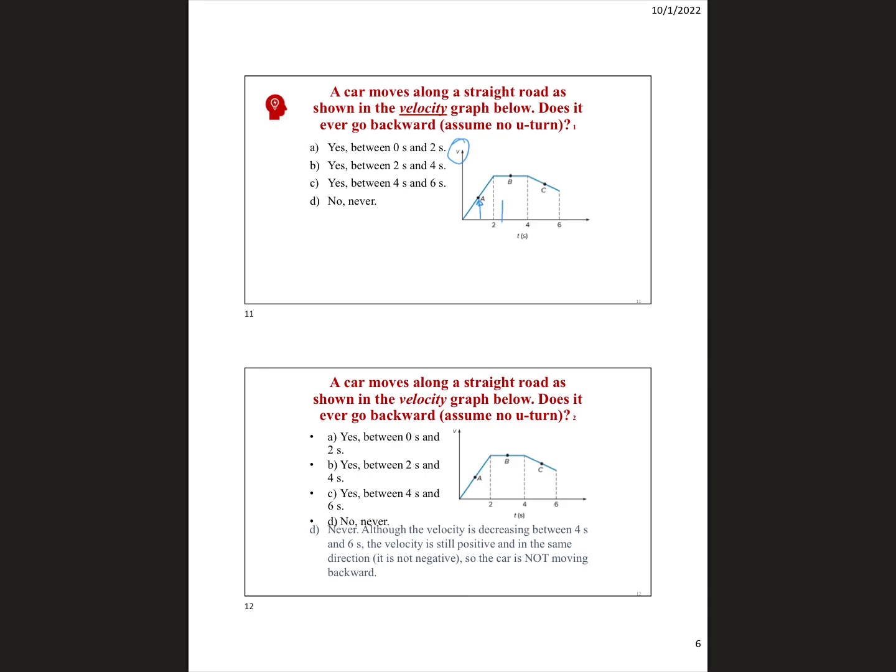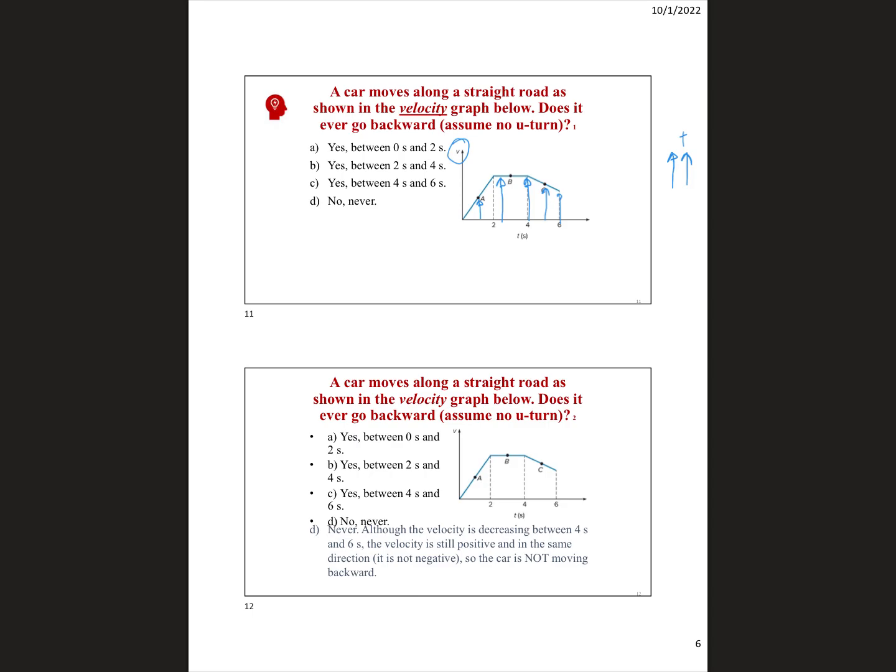The velocity is bigger here and positive. So it means that the particle, the car, is moving in the positive direction. The velocity is positive. It means that he's moving in the positive direction. He's always moving in the positive direction.